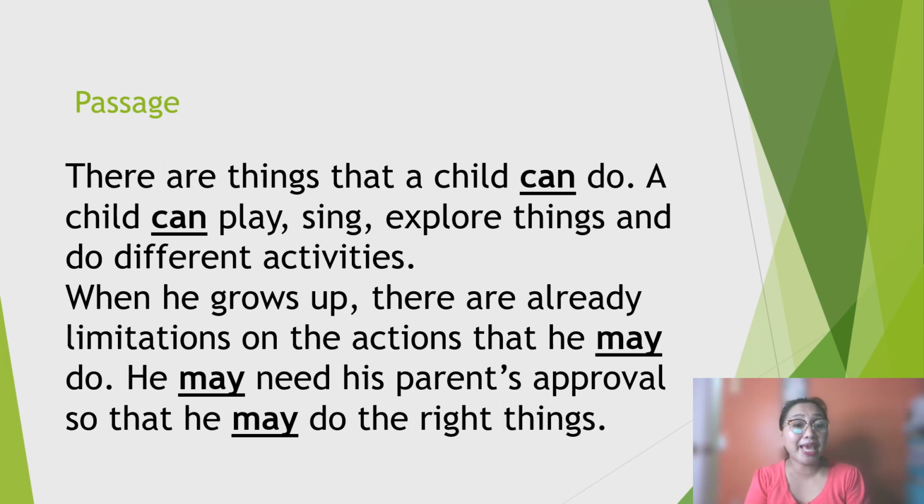A child can play, sing, explore things, and do different activities. And when he grows up, there are already limitations on the actions that he may do. He may need his parents' approval so that he may do the right things. Okay? So there are things that we can do, and there are things that there are limitations.